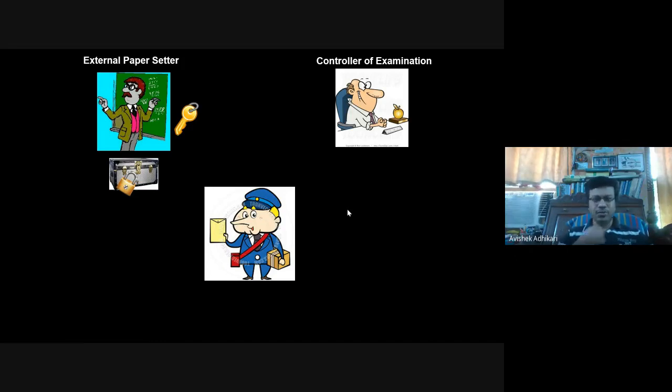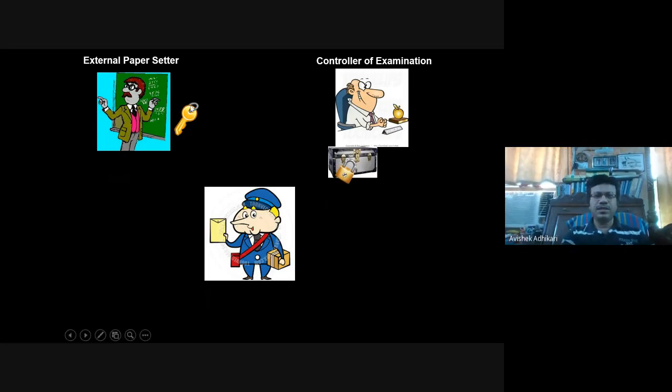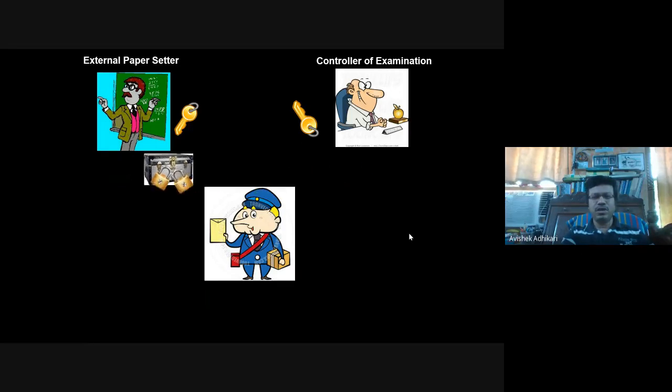The idea is he will send it to the postman, and then the postman will send it to him. Now, since this is the only key and nobody has any copy of this key, even the controller of examination won't be able to open it. What will he do? He will put another lock and key here and keep the key with him, put a lock on the same box, and send it to the external examiner.